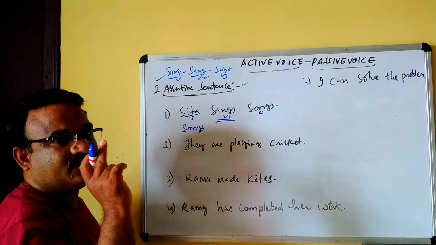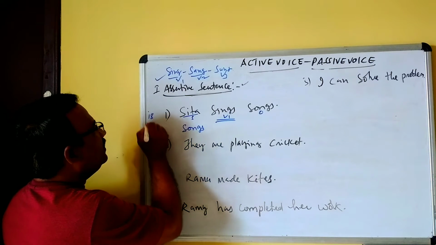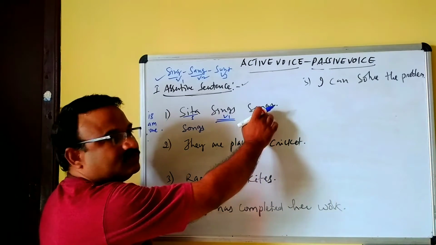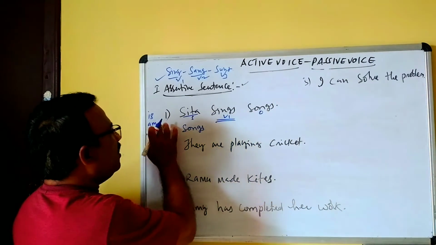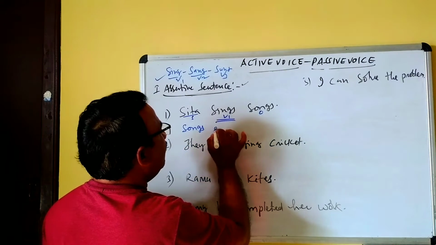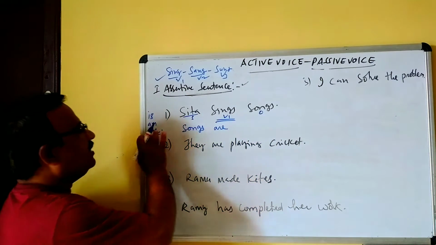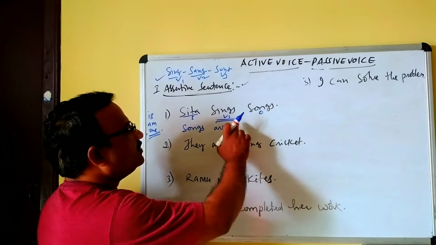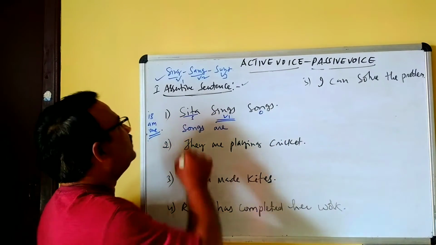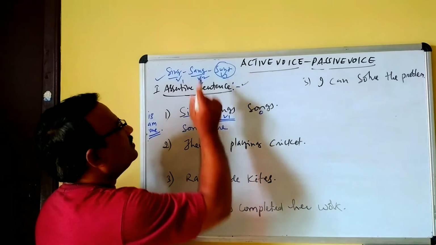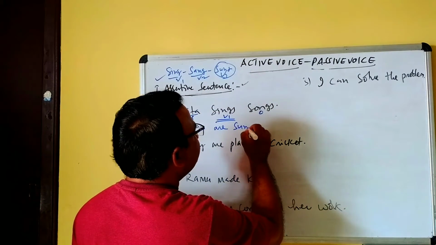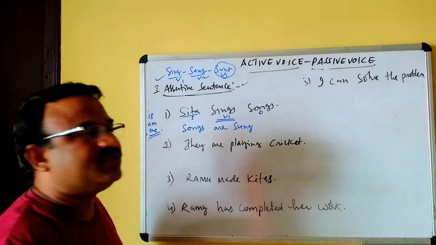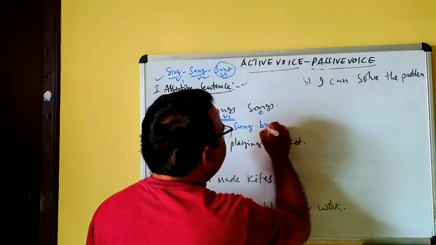Next, the be form verb. For present tense, be form verbs are is, am, are. Here songs, they are plural. So songs are. Here are is applicable. Next, we must use past participle, that means V3. Songs are sung. Next, we must use preposition by.